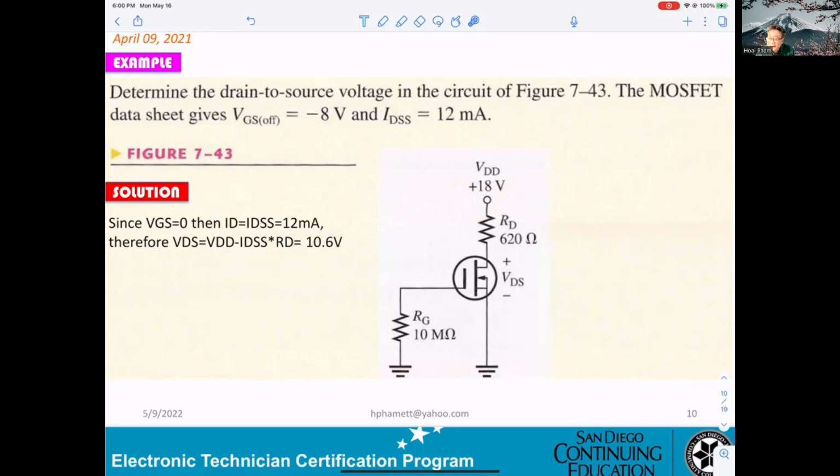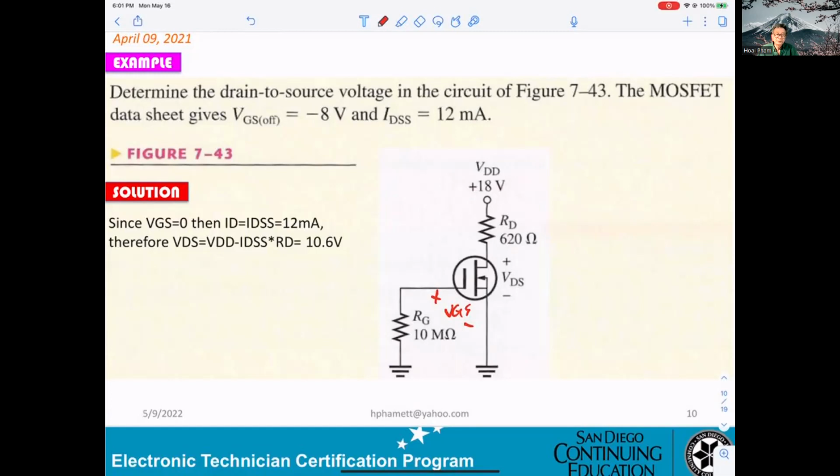You understand that? VGS equals 0. So basically both sides are grounded, with the source connected to the ground. So that's why you're able to get ID equal to IDSS.